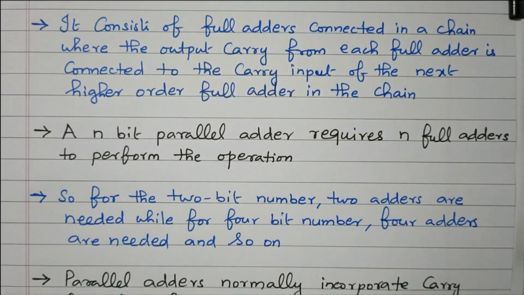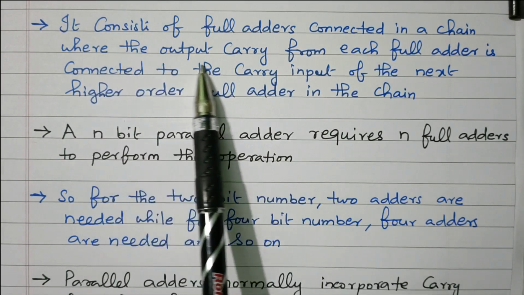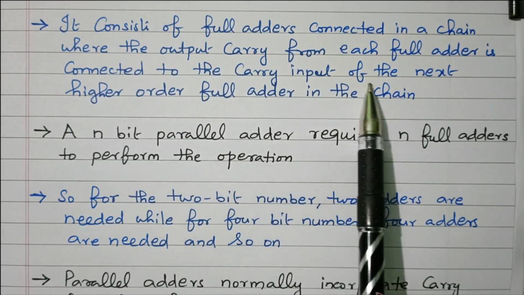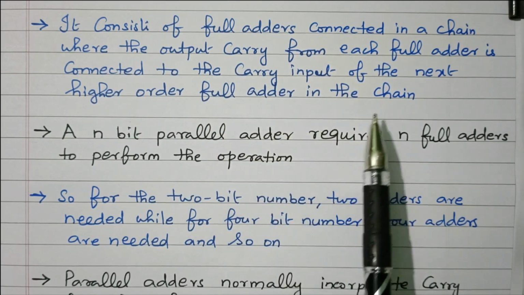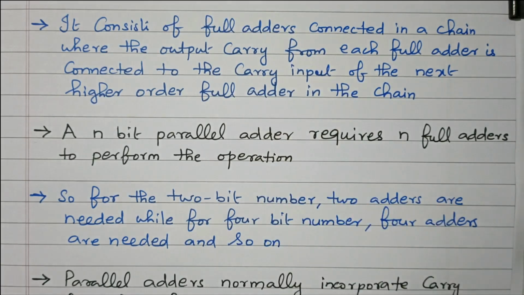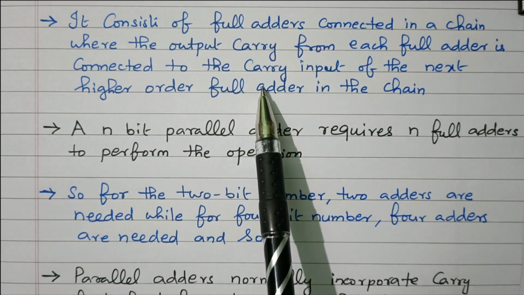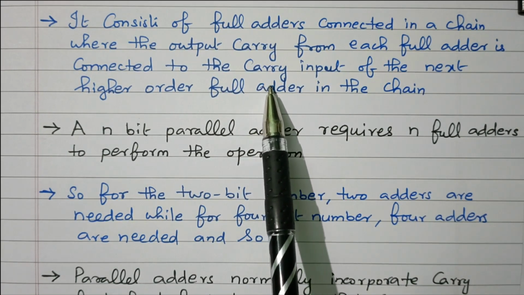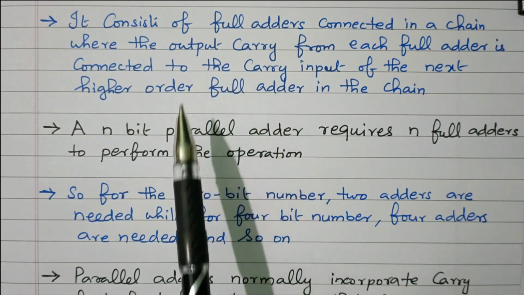It consists of full adders connected in a chain where the output carry from each adder is connected to the carry input of the next higher full adder in the chain. So for n bits, n number of full adders will be there. Every adder will add 2 bits, and the carry from the first adder is given to the next adder. Like that it will forward.